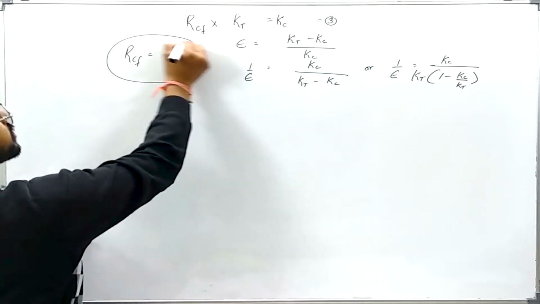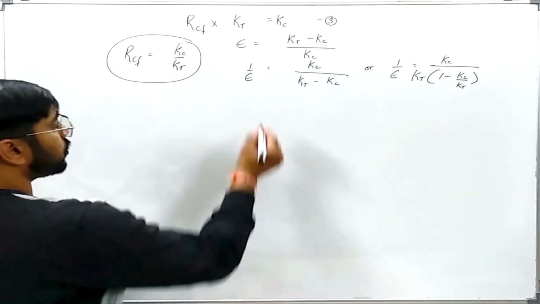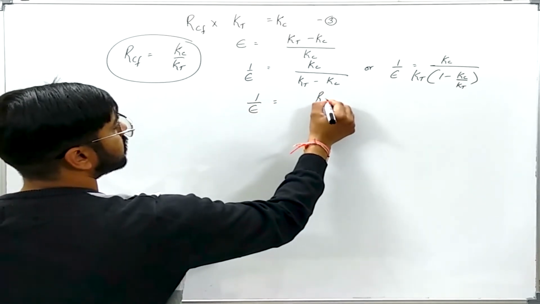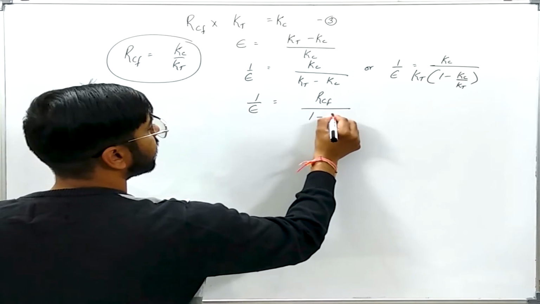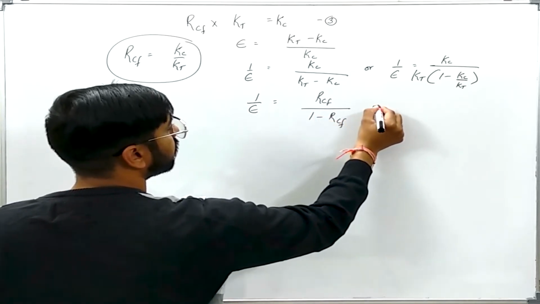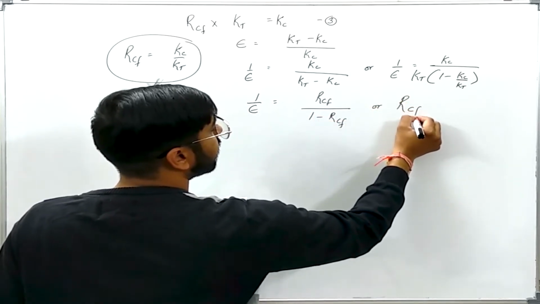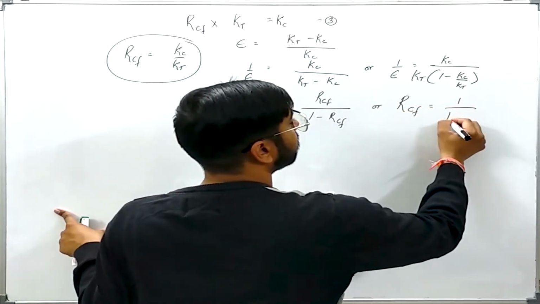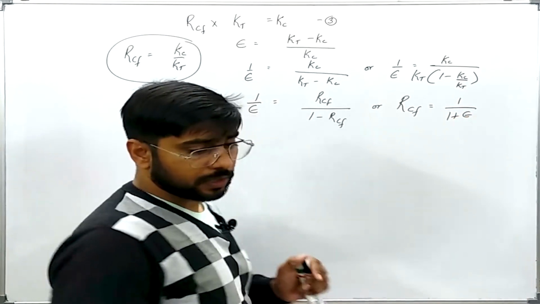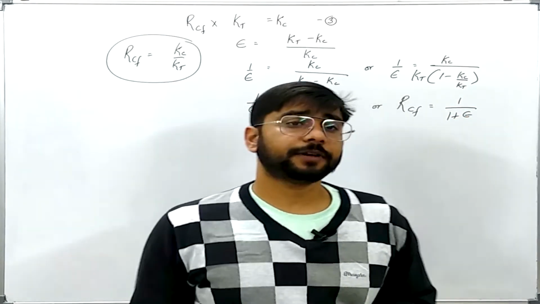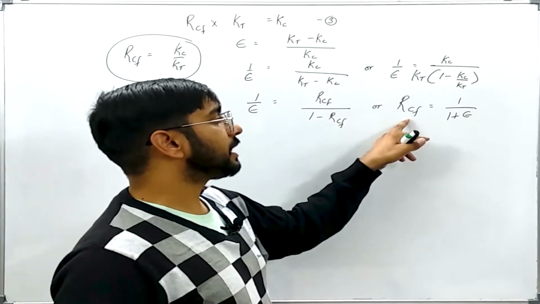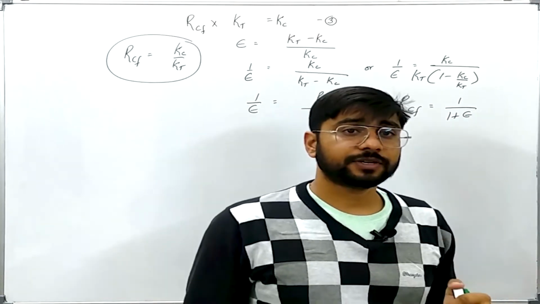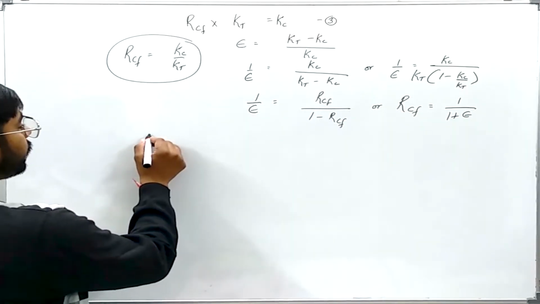So I will utilize this relation in this equation. So 1 by epsilon will be equal to RCF over 1 minus RCF, or solving this I will get RCF is equal to 1 over 1 plus epsilon. Okay, so in this way we have derived the relation between the ratio correction factor and the ratio error. Now we will come to the next term, which is the phase angle error or the phase error.